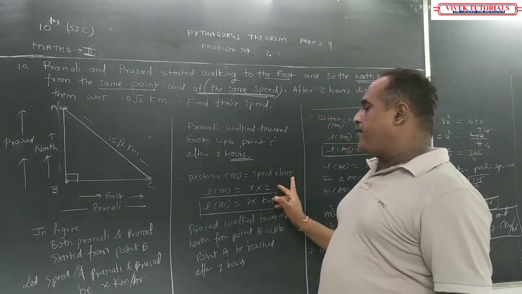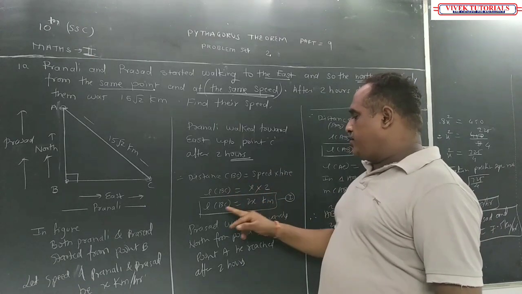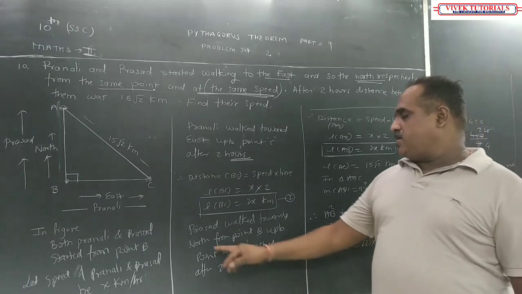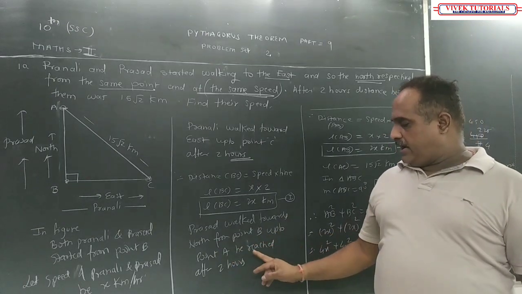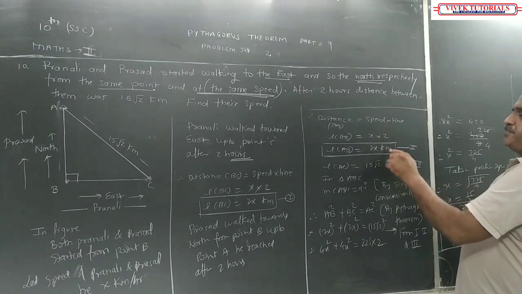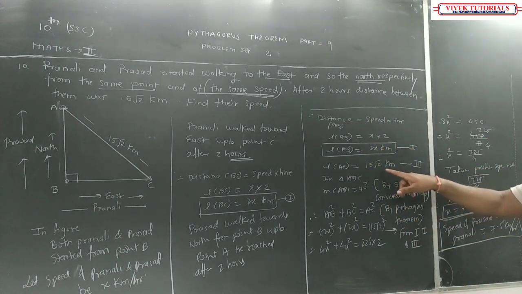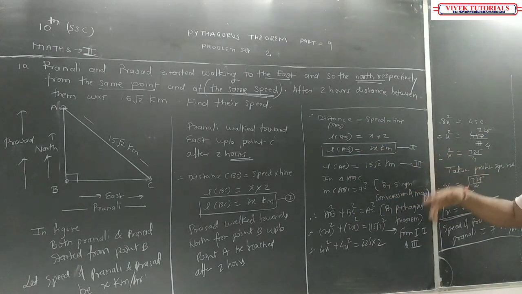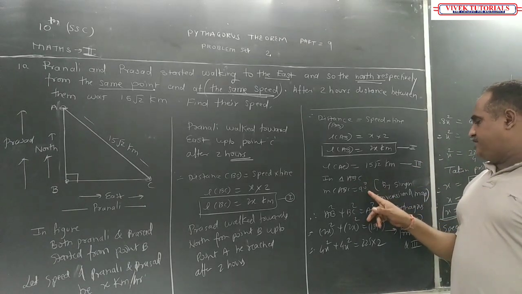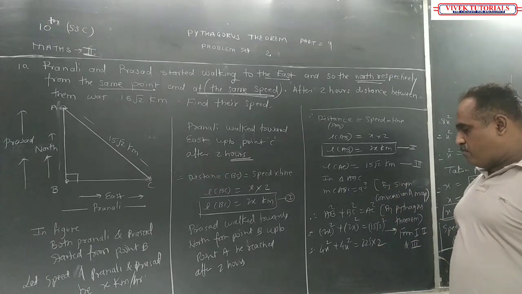The distance equals speed into time. BC is equal to x into 2. So BC is equal to 2x kilometer. And Prasad walked towards the north from point B up to point A. It reaches after 2 hours. So distance equals speed into time. AC is equal to 15√2 kilometer, that is given by them. And in triangle ABC, angle ABC is 90 degrees by sign convention of map.